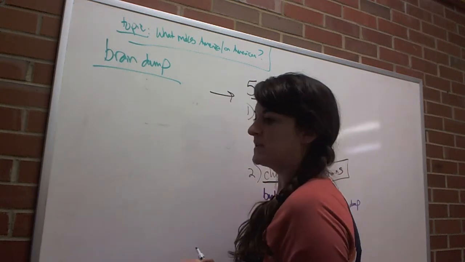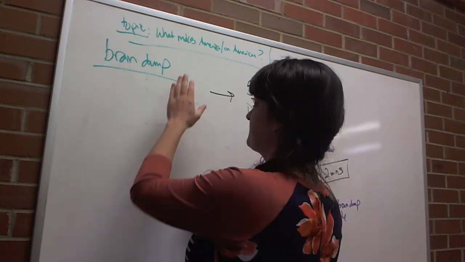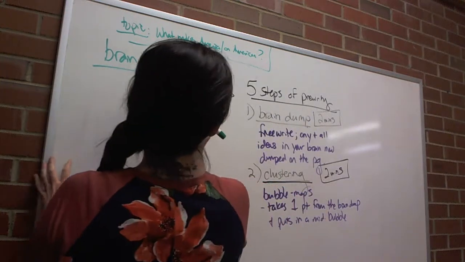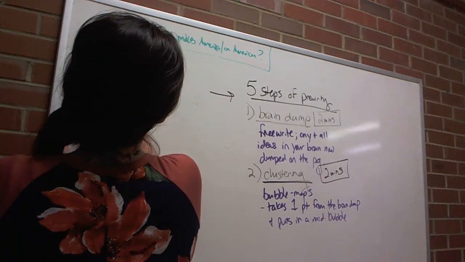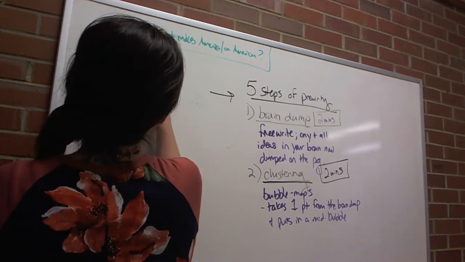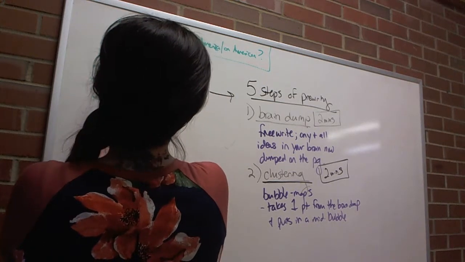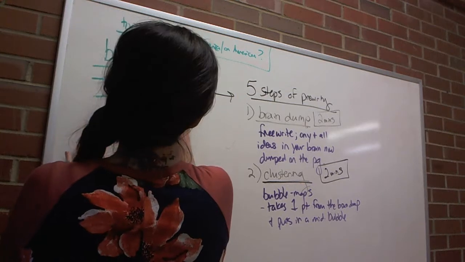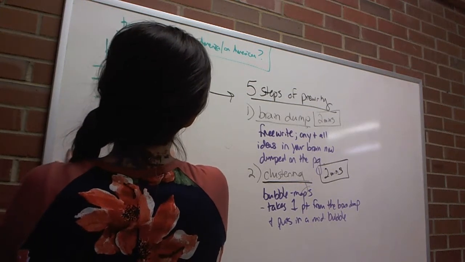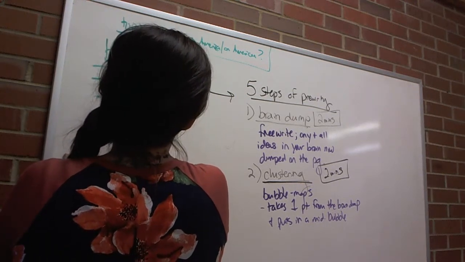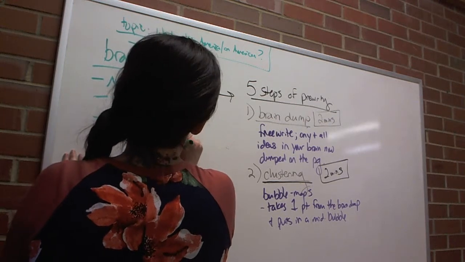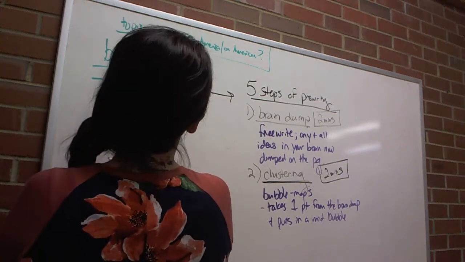So I'm at 11:06 now. I'm going to show you what brain dump looks like. I'm going to try to stay on topic here. What makes an American? North America, South America. We just talked in my class about consumerism. I'm going to talk about Native Americans. Racism, maybe also with the prison system.